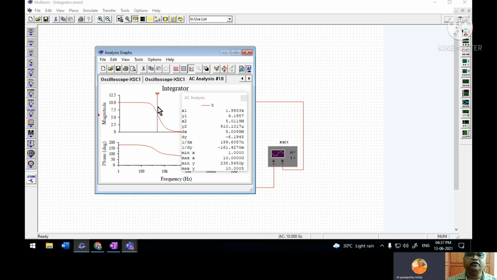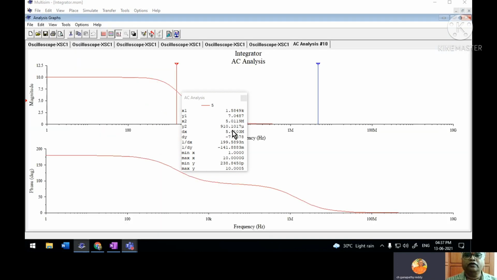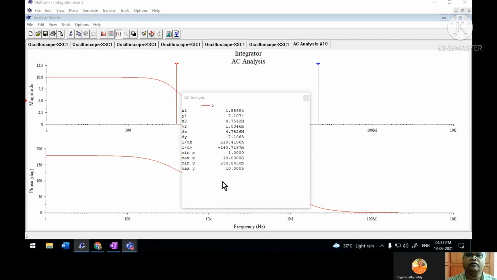The lower 3 dB point is coming around 7, at 1.5K. At 1.5K it is reduced to a gain of 7.